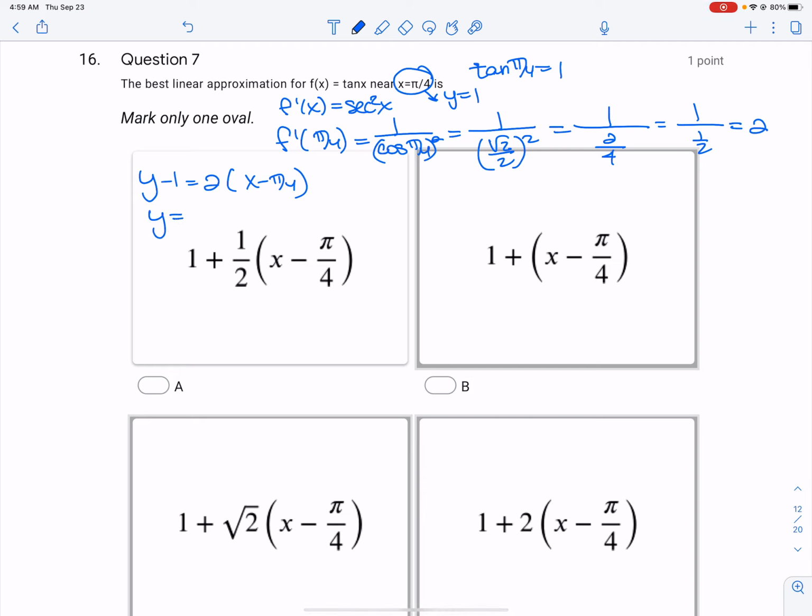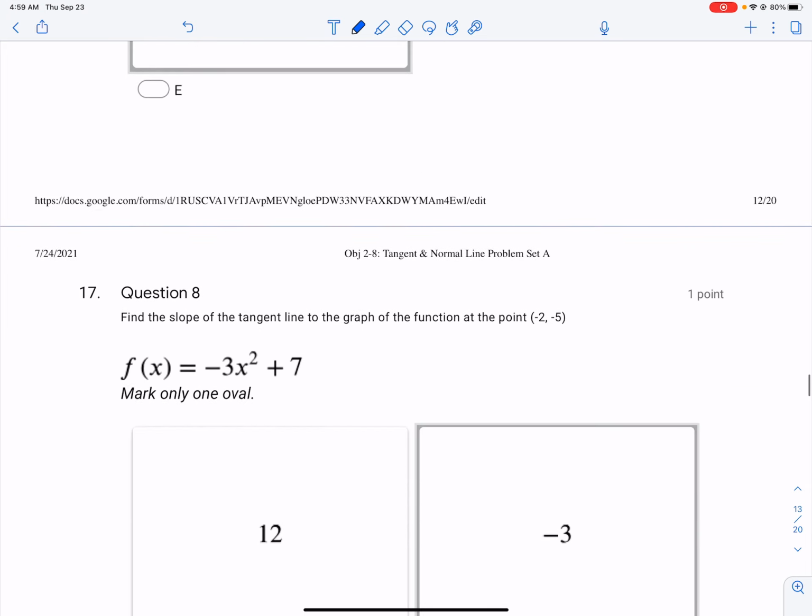So I have y is equal to 2 times x minus pi over 4, and then plus 1, which is that one there. Actually, they all look like point slope form too. All right, that's question 7.